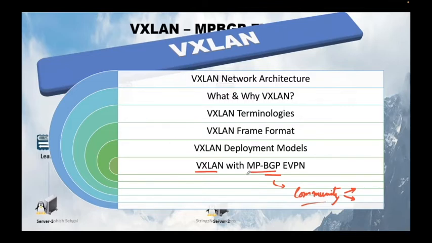Now, BGP, if you have configured previously in Cisco IOS, has a different set of commands. When we configure it in Vxlan, those minor nitty-gritties of configuration change we will be talking about over here indeed.